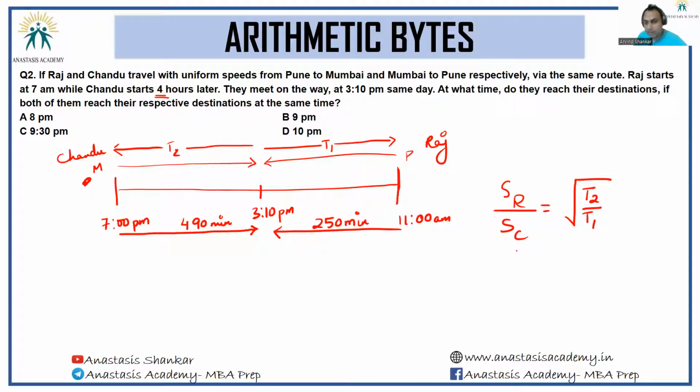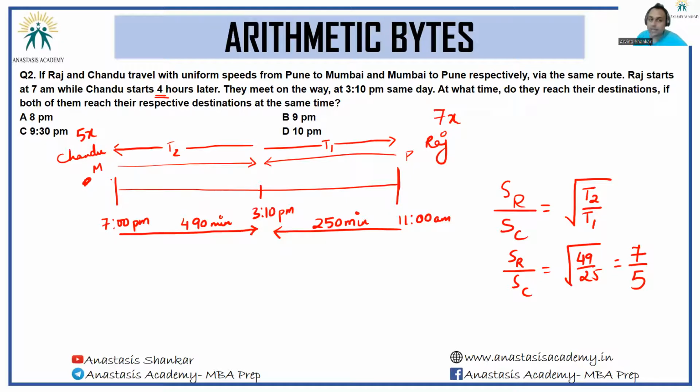We can happily get speed of Raj by speed of Chandu is equal to under root 49 by 25, or this is equal to 7 by 5. Raj's speed, if his speed is 7x, Chandu's speed is 5x.